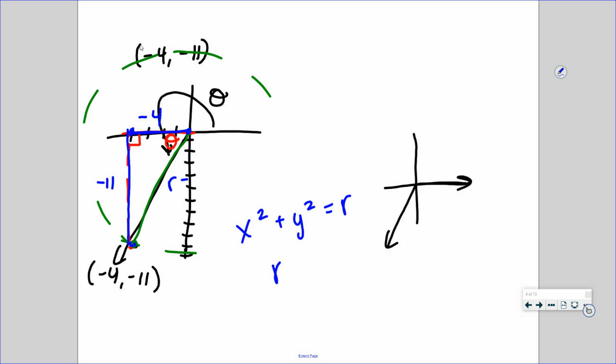Plug it in, you'll figure out what your radius is. And then just know, oh, sine is -11 divided by my radius. In the unit circle, your radius is just 1. So cosine is x divided by the radius. This is just a nice way to visualize it.